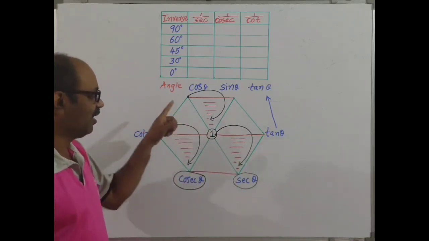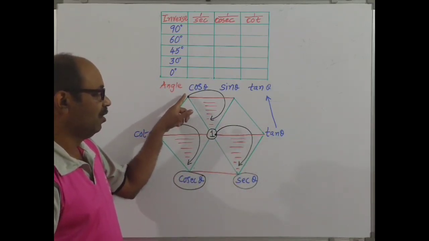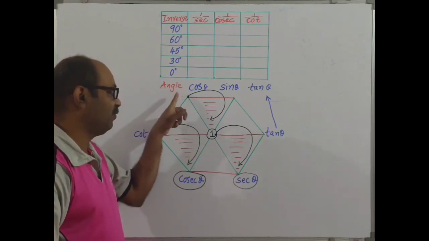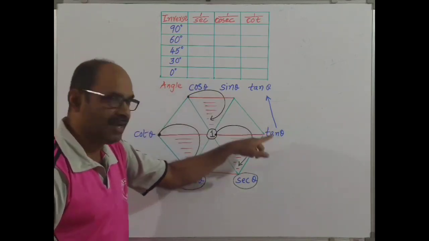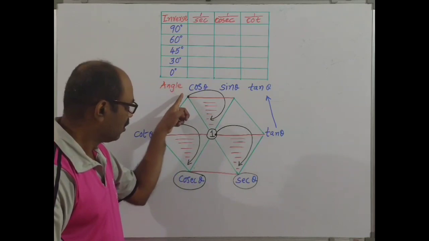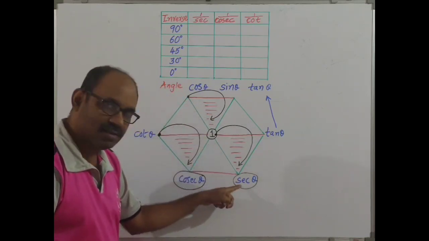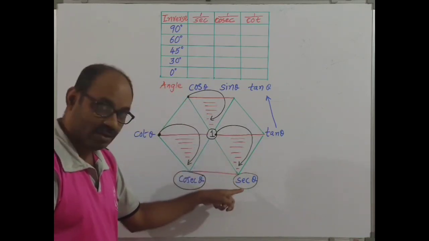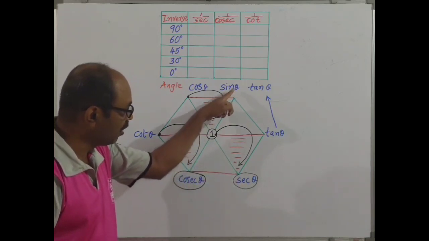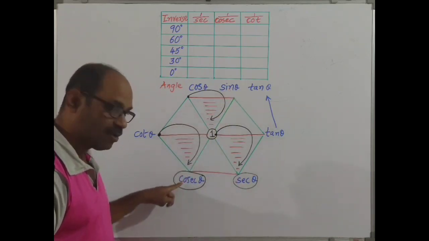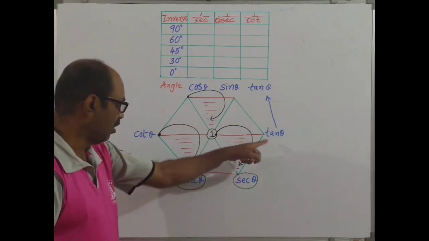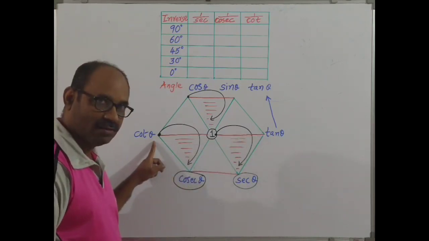Here is the hexagon, right? We start from the top left: cos theta, sin theta and tan theta. Reciprocal of cos is sec, you can call it inverse. Reciprocal of sine is cosec. Reciprocal of tan is cot.